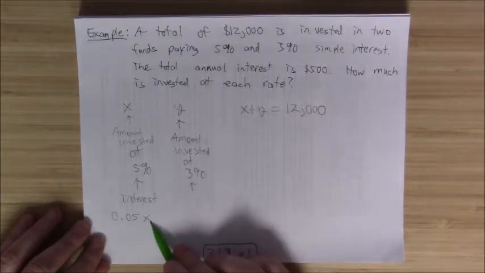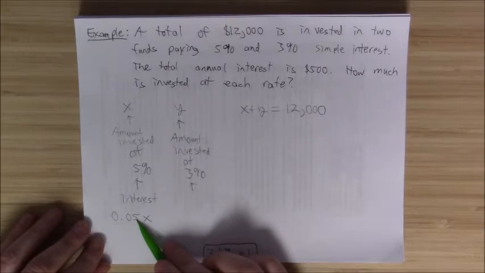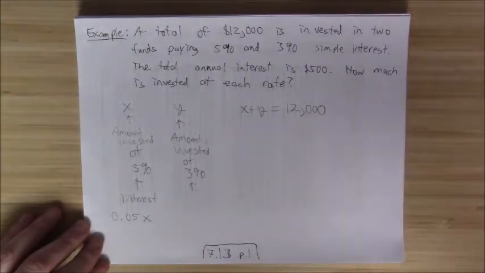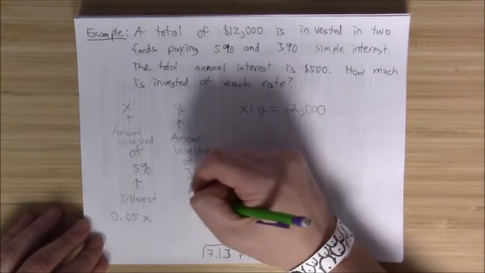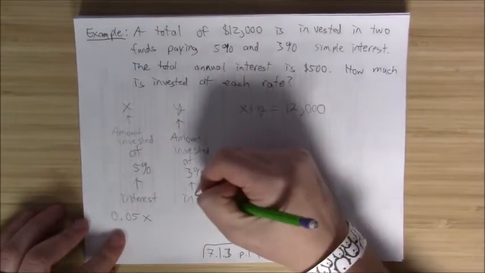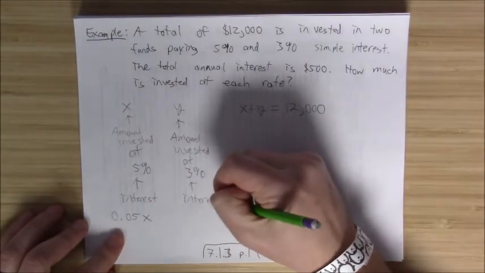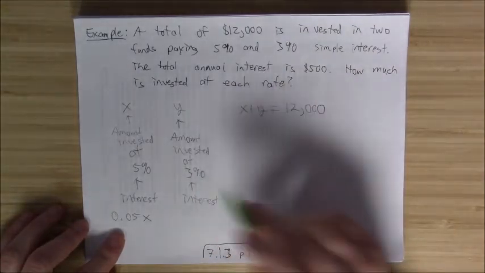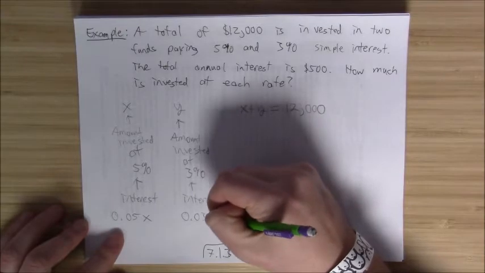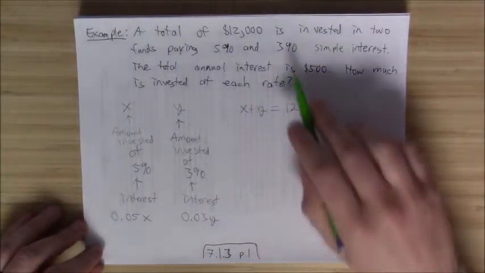For instance, if you invested $100, you expect to get $5 in interest by the end, because that's 5% of 100. Similarly, the interest for this account will be 0.03 times Y, because it's invested at 3%.